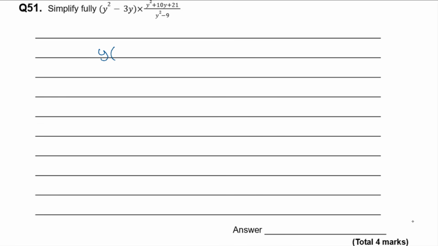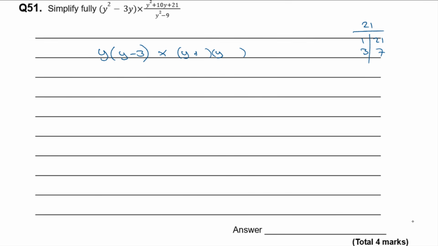So that's going to be y lots of y minus 3. And then I'm multiplying that by, the numerator looks like it should factorize into 2 brackets. If it does, I'm going to get a y and a y. Factor pairs of 21 are 1 and 21, 3 and 7. That's about it. Now, which pair gives me 10 in the middle?